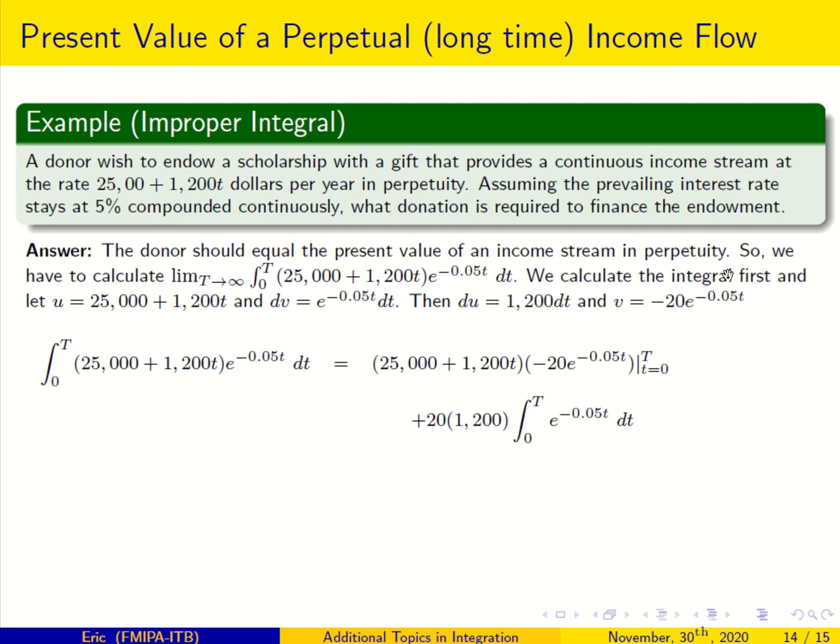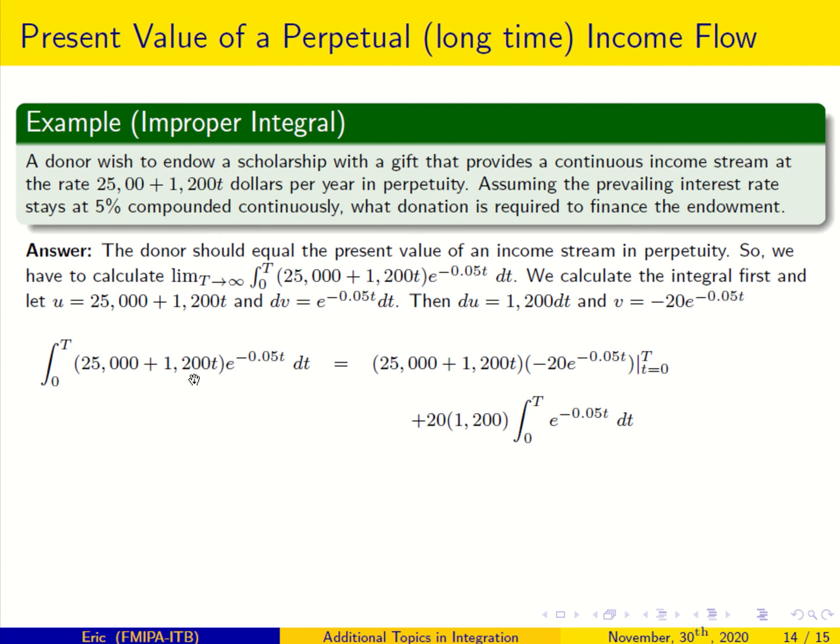Okay, we'll calculate the integral first, and let u be this, and dv is e to the power of minus 0.05t dt. Then I have du is just 1200 dt, and we can find the integral to find v, which is minus 20 e to the power of minus 0.05t.